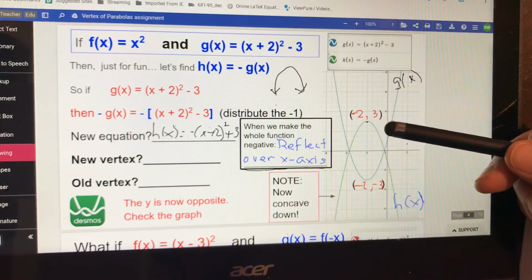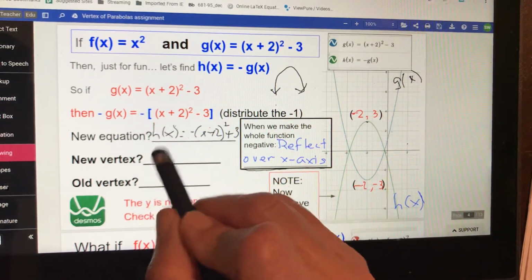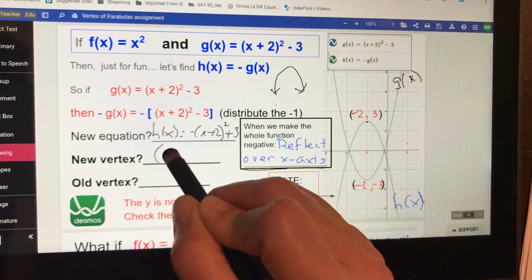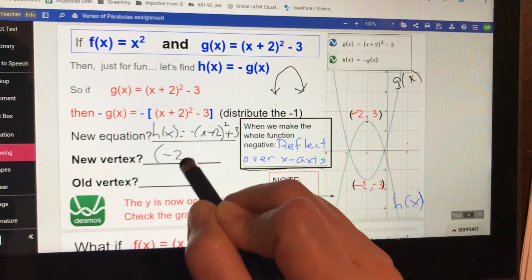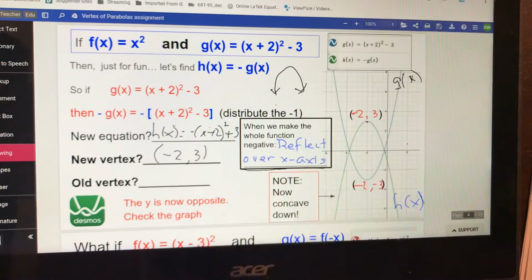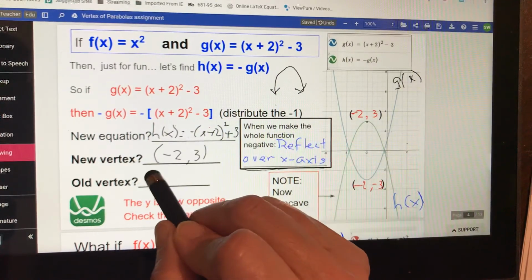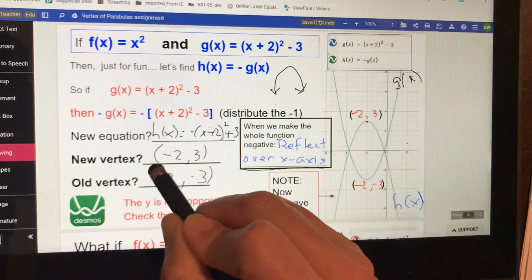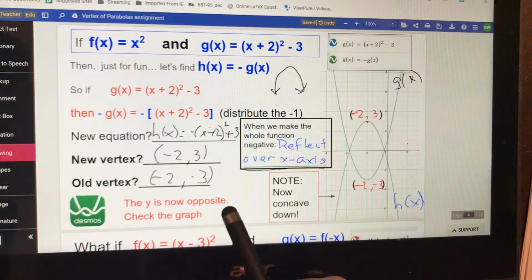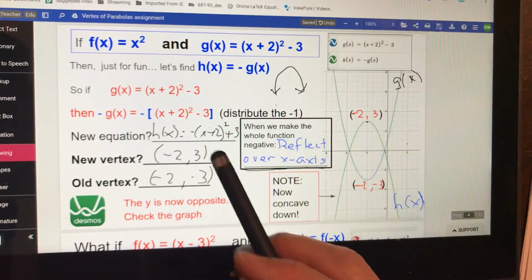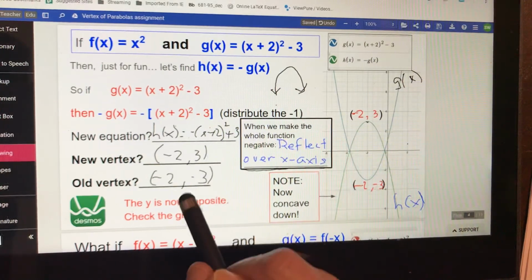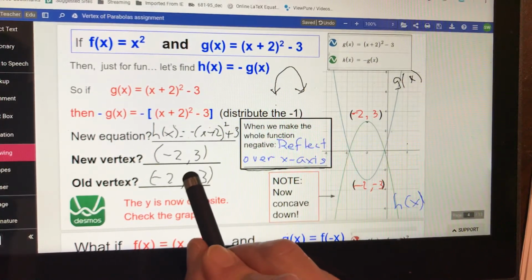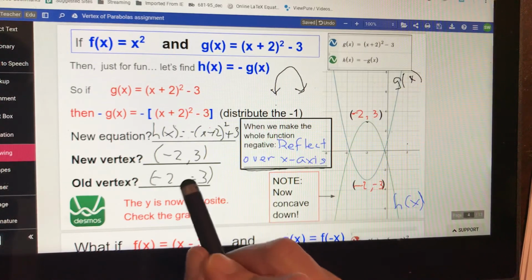What does that mean for the vertex? Well, our new vertex is now -2, 3, where our old vertex was -2, -3. Remember, the y coordinate is now opposite.